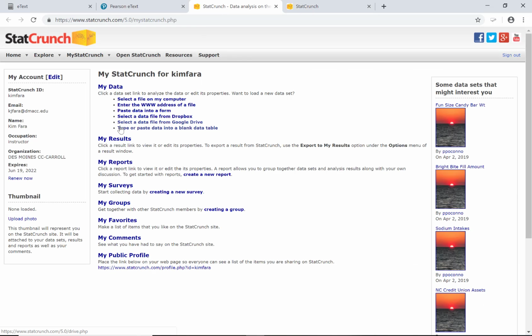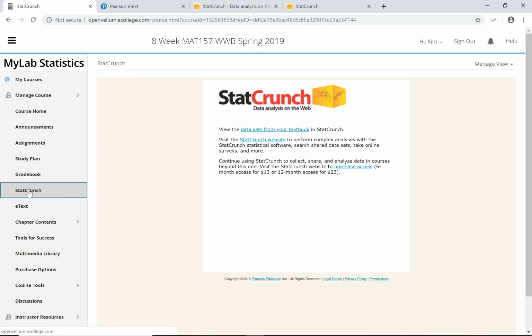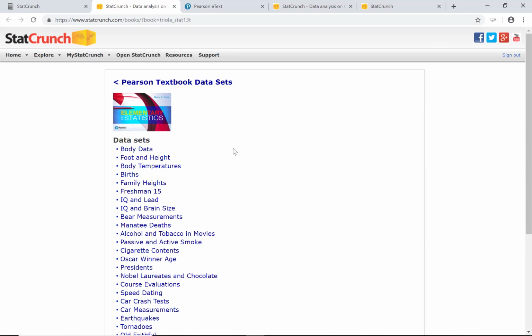I think I need to go back a little further. Let's go back to StatCrunch on my Stat Lab, and I want to use data sets from my textbook. This was body data.